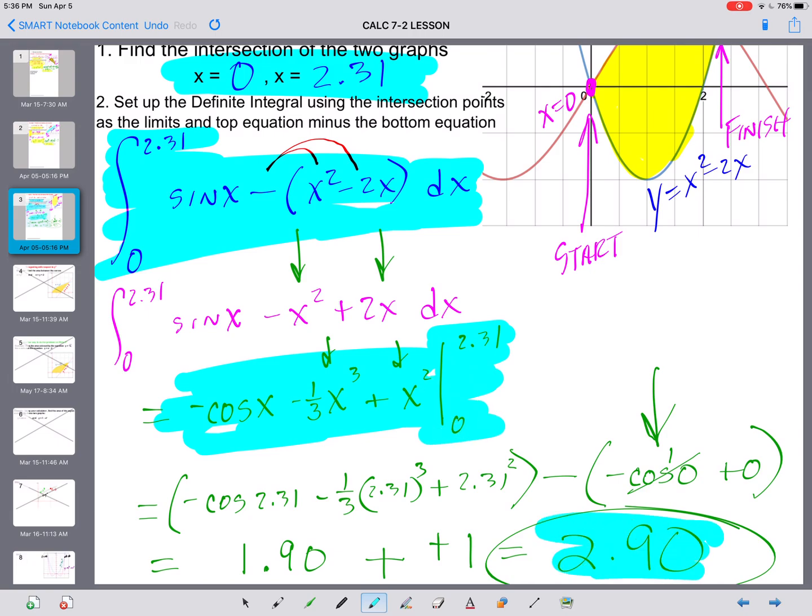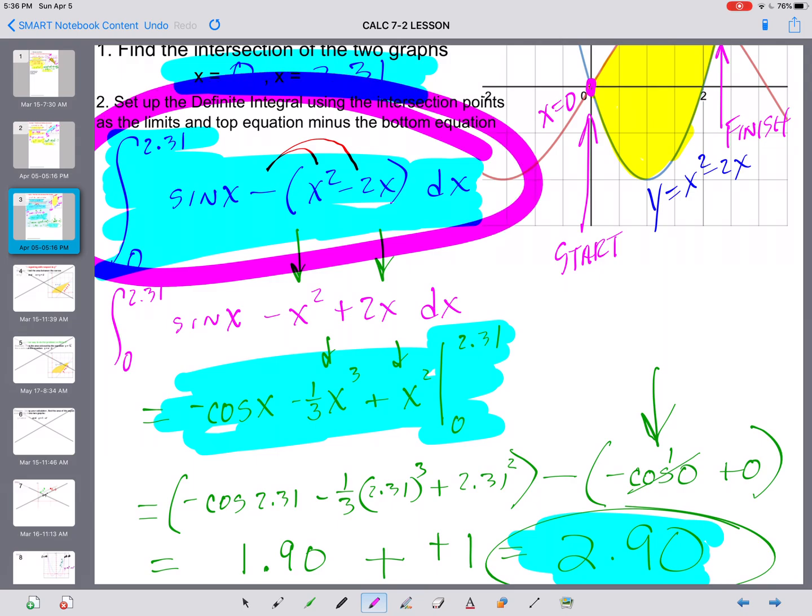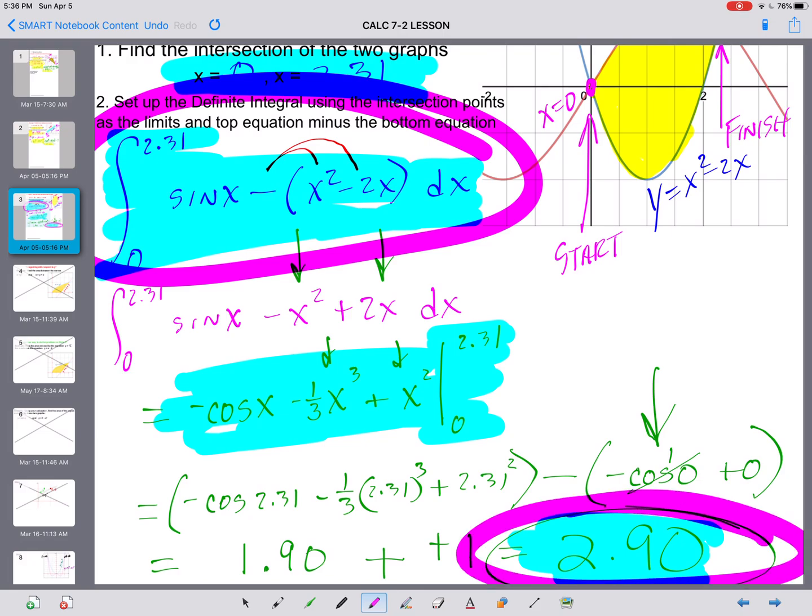And then I want to see your answer. To get your answer, you don't have to evaluate it like I did. You could, or you could go back up to the original integral, do that in your calculator and get that answer, 2.90.